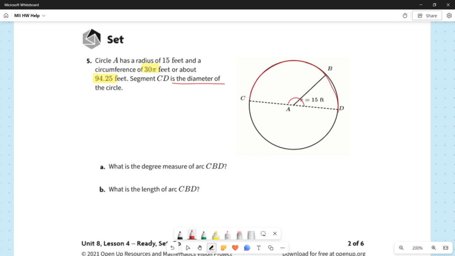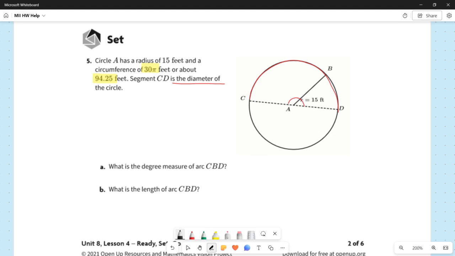So whatever that angle is at A, it goes from radius AC to radius AD, and that forms an arc. So whatever the measure of that angle is going to be the same degree measure of the arc. Well, because CD is a diameter, it cuts the circle in half.